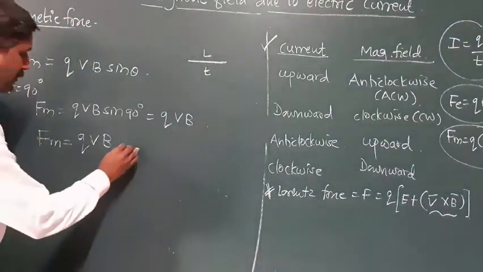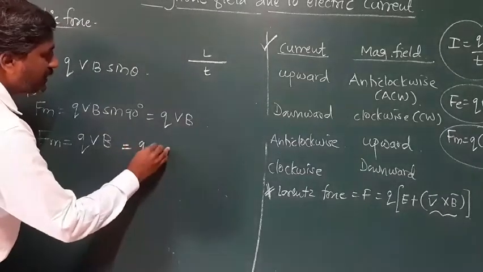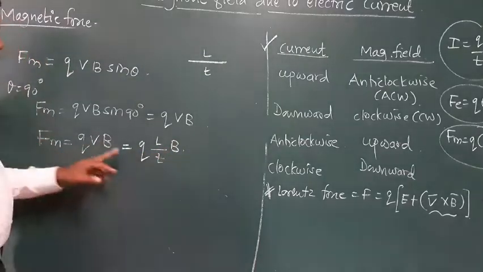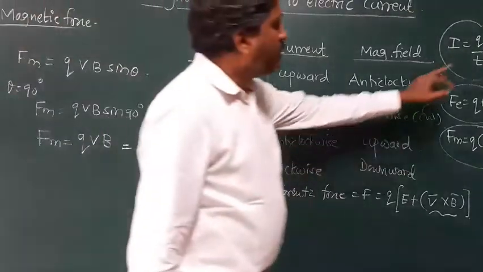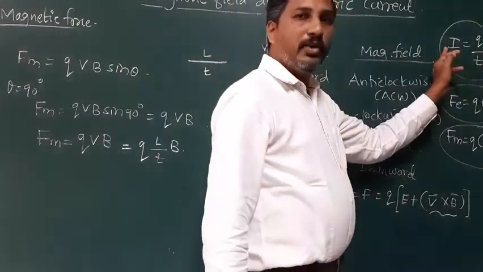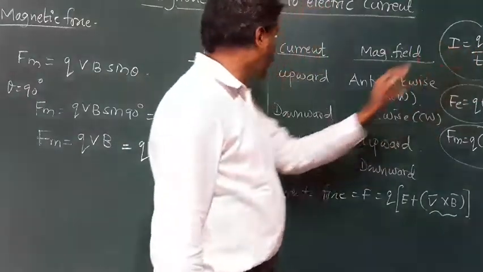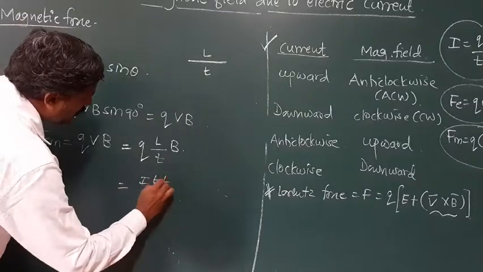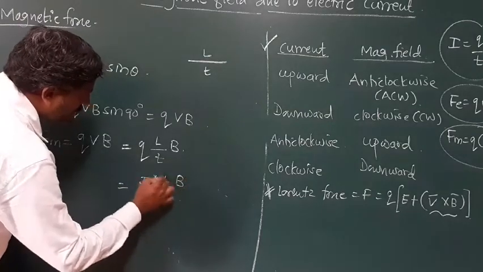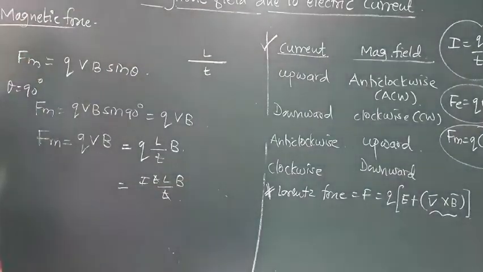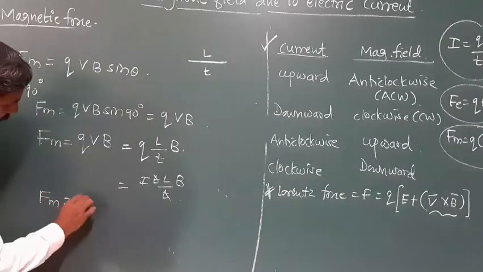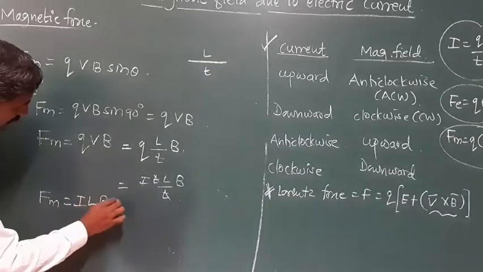So I am writing F equals q as it is, L divided by t, into B. But what is q? q is nothing but I into t. Are you getting this? q equals I into t. So I am using I into t into L divided by t into B. So both t get cancelled, and the magnetic force is given by ILB.